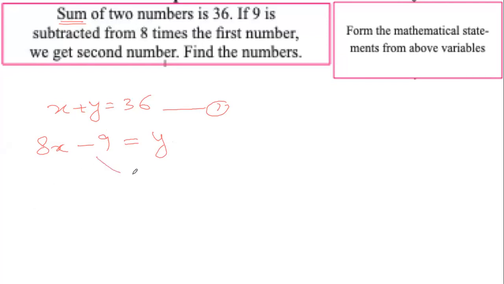So we will take this minus 9 to the right hand side. We will bring this y to the left hand side. All the variable terms should be on the left hand side. All the constant terms should be on the right hand side. So our equation will become 8x minus y equals to 9. Prachi has already said 9. Correct. Thank you, Aman.